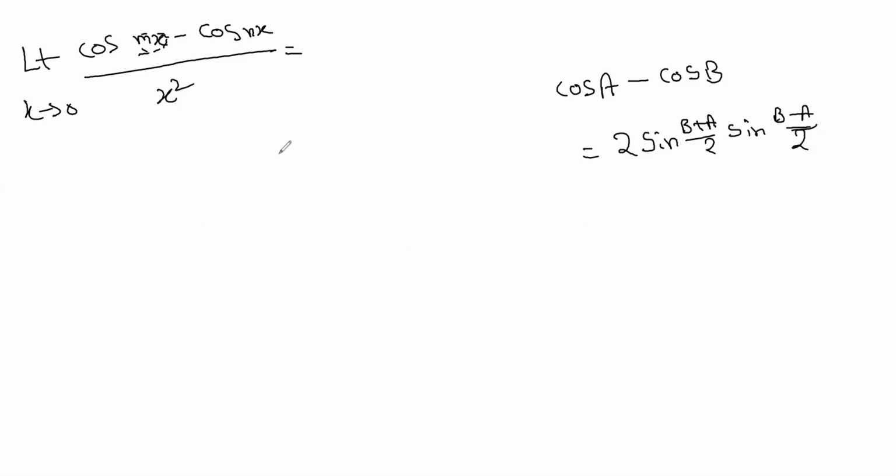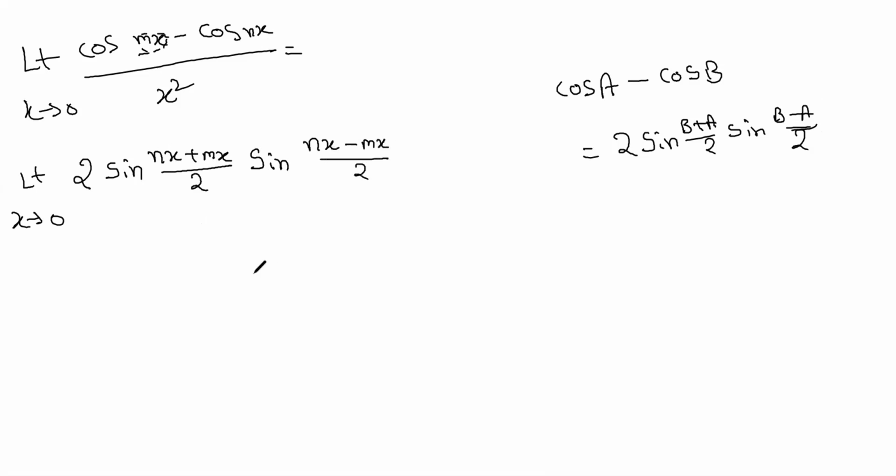Now I will substitute in this. Cos mx minus cos nx becomes 2 sine of nx plus mx by 2 into sine of nx minus mx by 2, whole divided by x square.